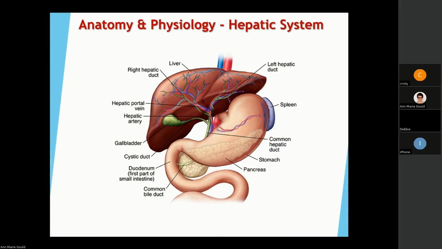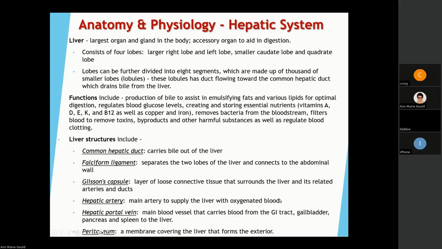Okay. Let's move on to the hepatic system. The liver is the largest organ and gland in the body, and it's an accessory organ to aid in digestion. Of course, it consists of 4 lobes, your larger right lobe and left lobe, and then it has a smaller caudate lobe and a quadrate lobe, excuse me.